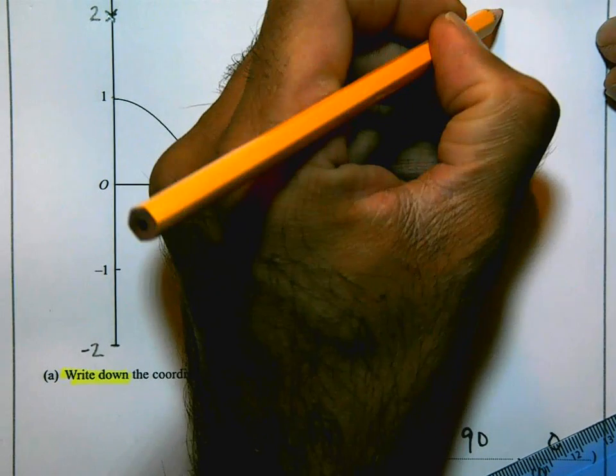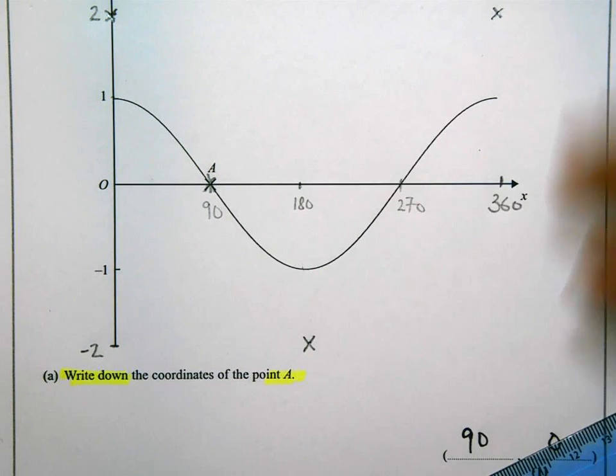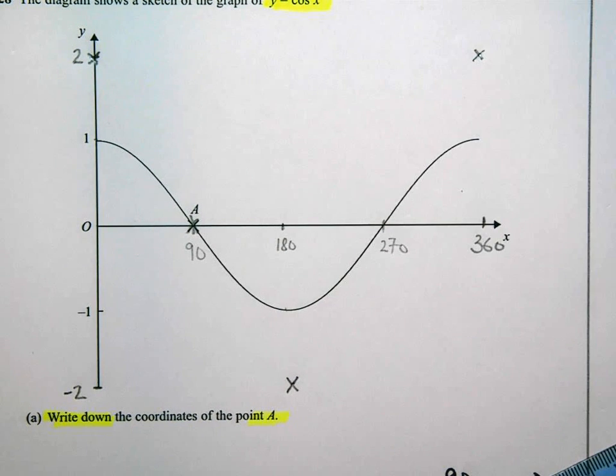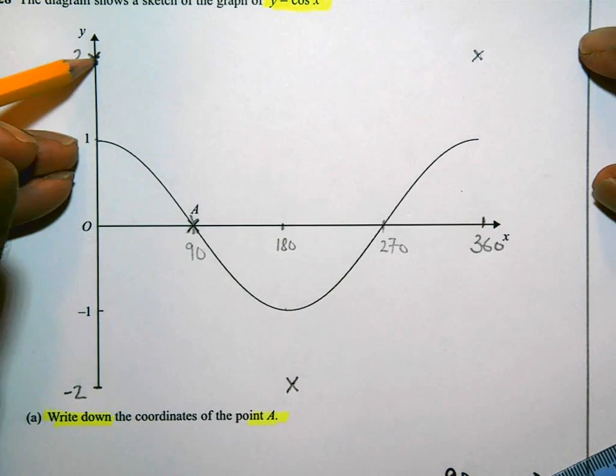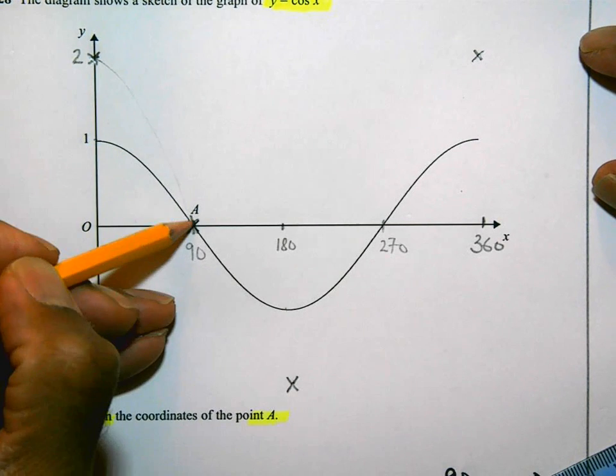So effectively my graph is going to be exactly what this is, but stretched vertically by a scale factor of 2. So I'm going to do it lightly to begin with, and then darken it.